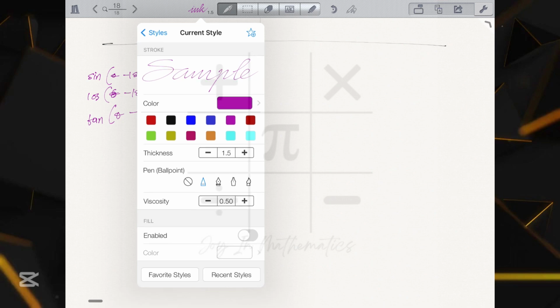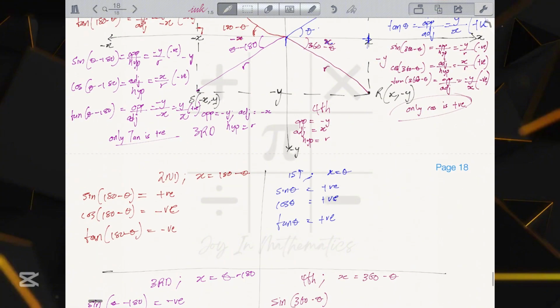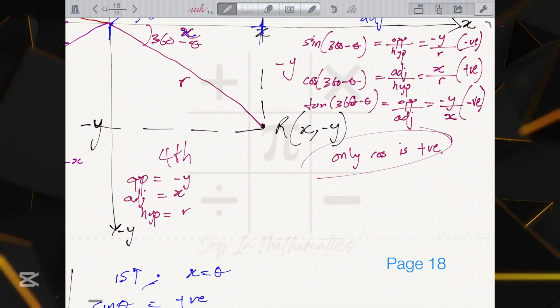And finally, we move to the fourth quadrant. And in the fourth quadrant, the acute angle is x is equals to 360 minus theta. So where we say that sine 360 minus theta is what? Negative. As we can see here, sine is negative, cos is positive, tan is negative, because we know that only cos is positive.